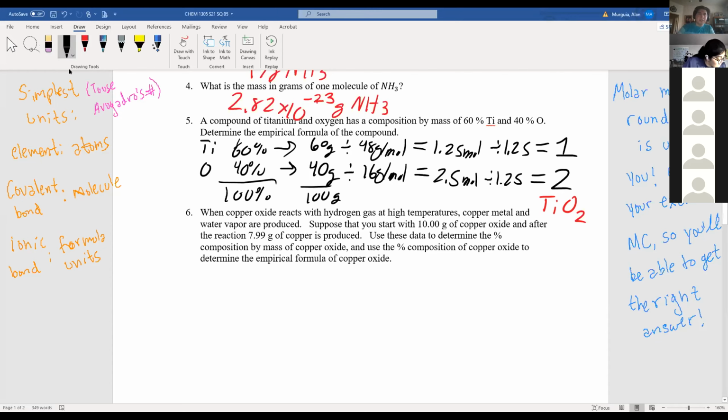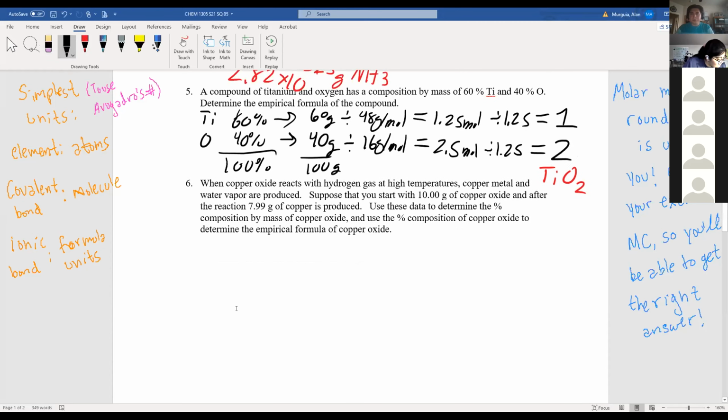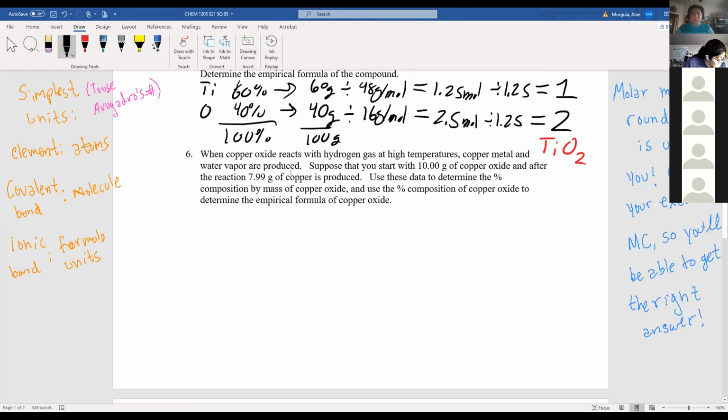So move on to number 6 real quick. So here, it's a bit wordy, but you guys can do this. When copper oxide reacts with hydrogen gas at high temperatures, copper metal and water vapor are produced. Suppose that you start with 10 grams of copper oxide, and after the reaction, 7.99 grams of copper is produced.